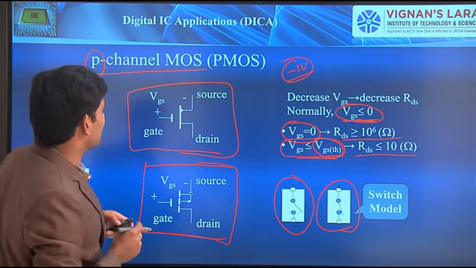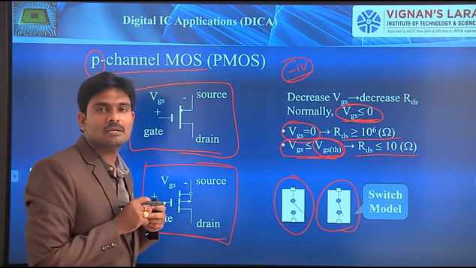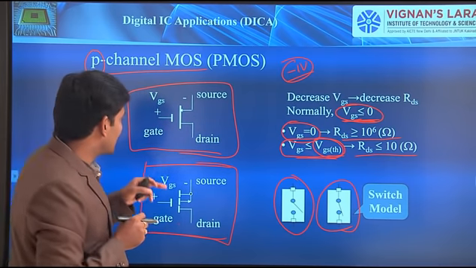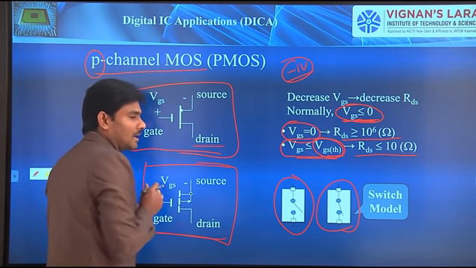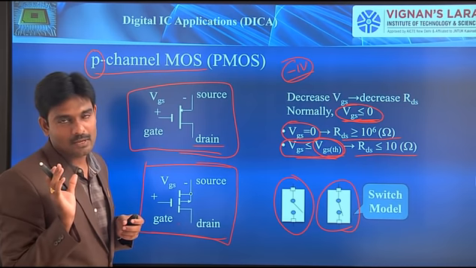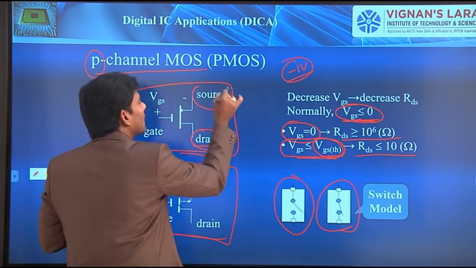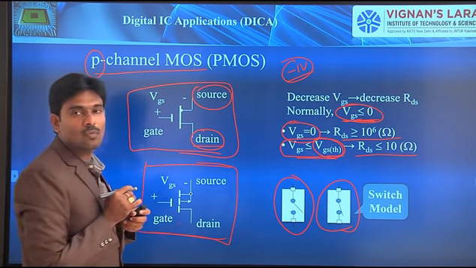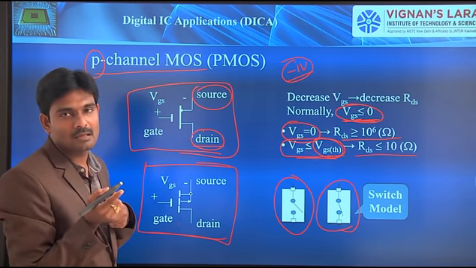So this is the operation of P channel MOS. And one more point you are supposed to remember is, while coming for PMOS, drain voltage must always be less than source voltage. Drain voltage must always be less than source voltage. While coming for N channel, this is reverse.